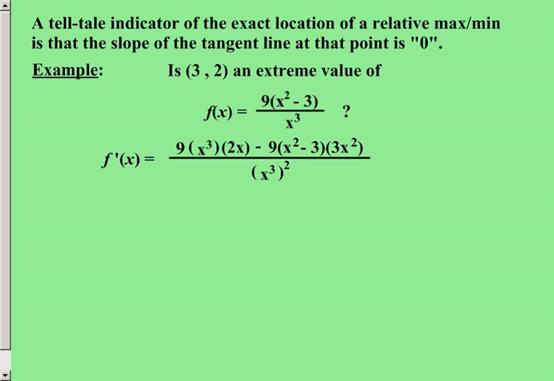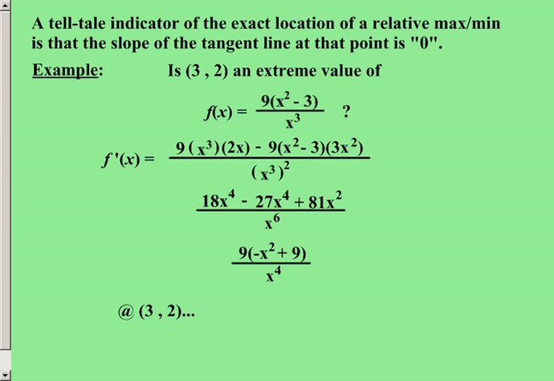So we'd have to find the derivative of this, and this is absolutely quotient rule, and chain rule within the quotient rule. At the end of chain rule within the quotient rule, we would end up with this monster, and it would simplify down a little bit. Then ultimately what we would be interested in doing here is evaluating at 3, positive 2.